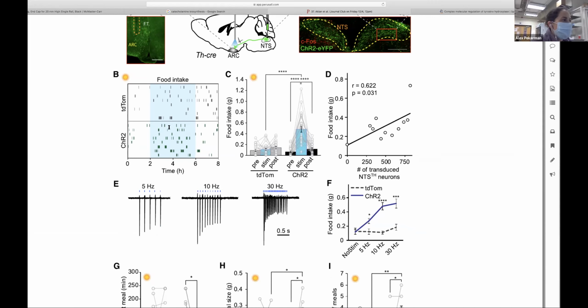Each row represents an individual mouse, and each tick mark represents a single food pellet consumed. So it's 8, and I guess 8.